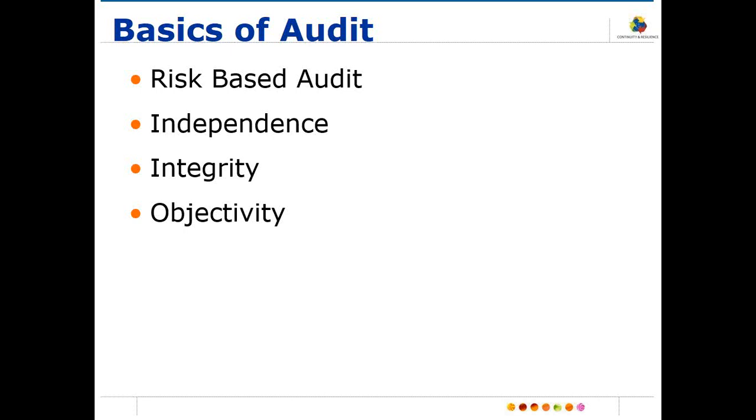Independence, integrity, and objectivity all go hand in hand, and the nutshell meaning is that the auditor should not be influenced by anything, unethical or ethical. The next bullet point we need to discuss is confidentiality.